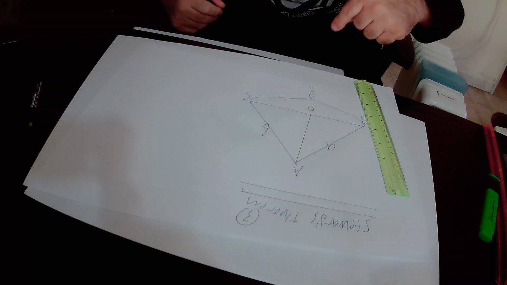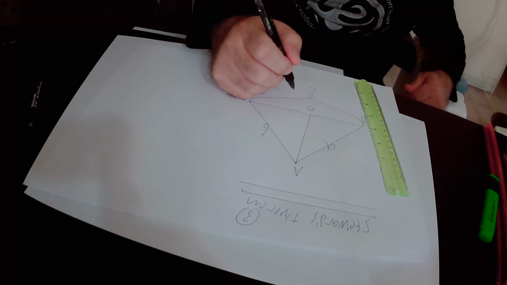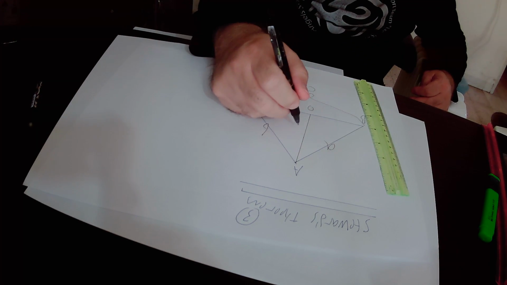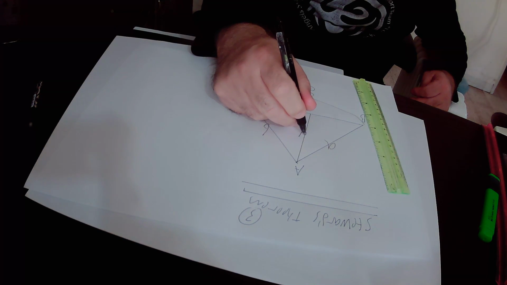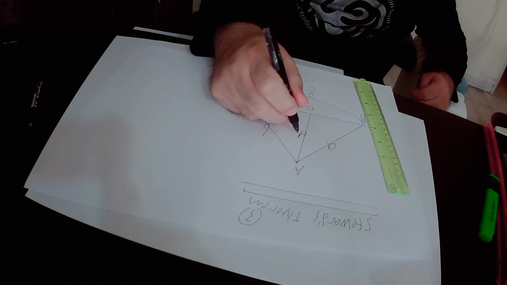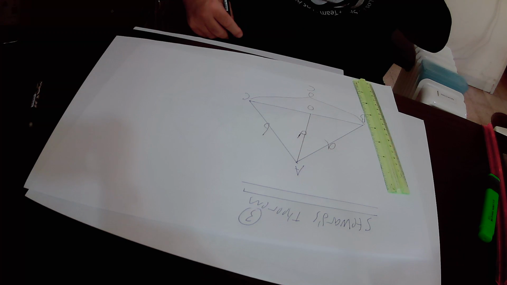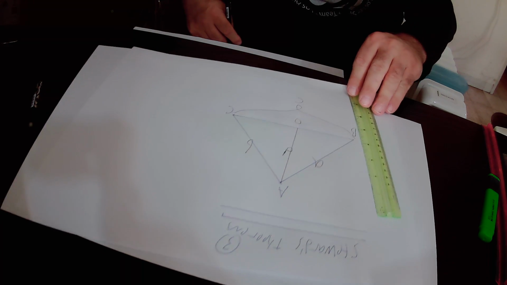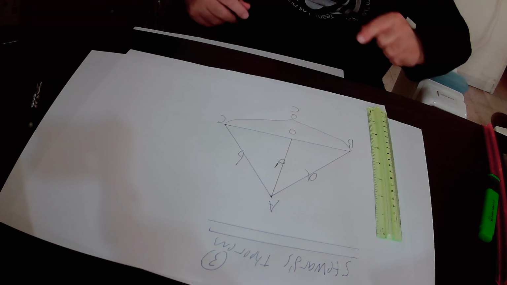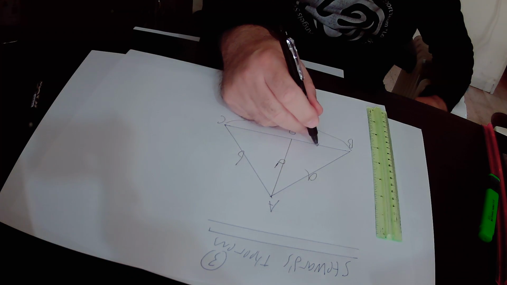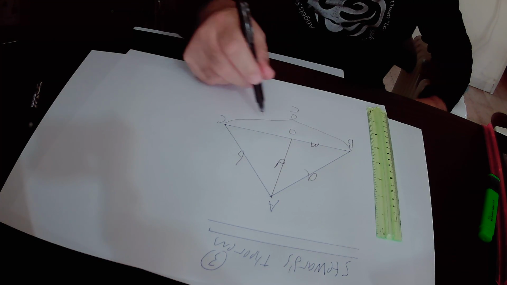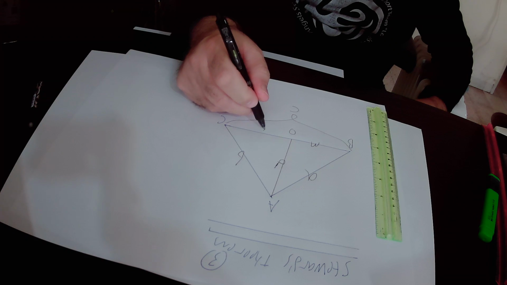This line segment AO equals D units in its length, line segment BO equals M units, and line segment OC equals N units in its length.